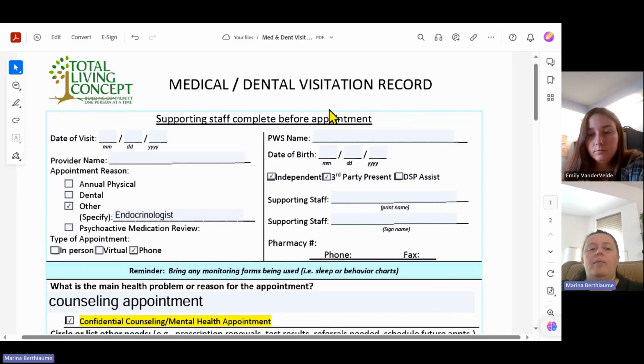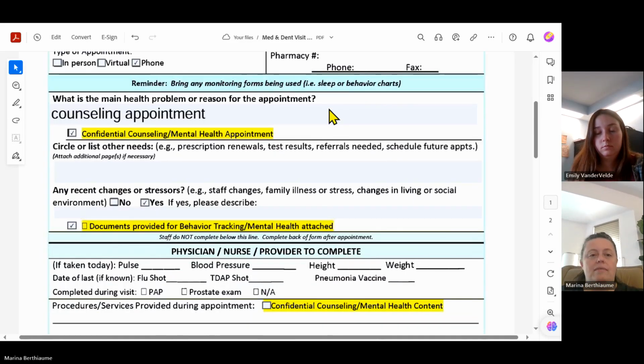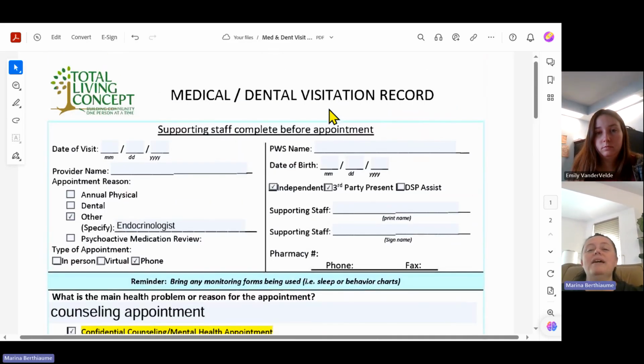This is so whenever staff come in on their shifts, besides looking at the staff to staff log, they also have this medical dental visit record to read through so that everyone has all the knowledge from the appointment and we're all on the same page. So that is the conclusion of this medical dental visitation record form training. Thank you.